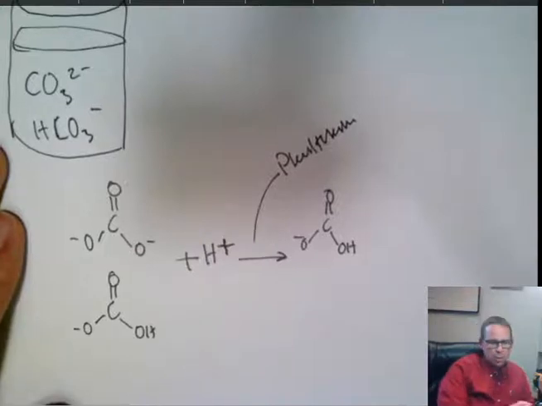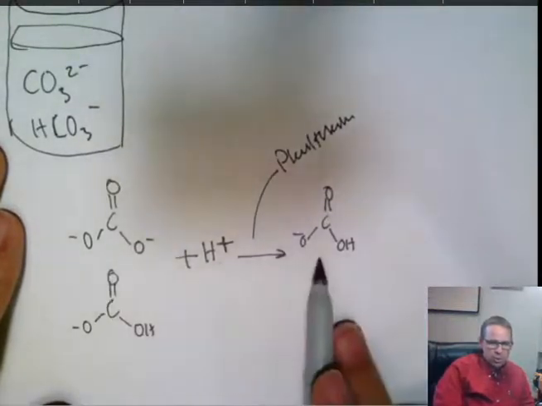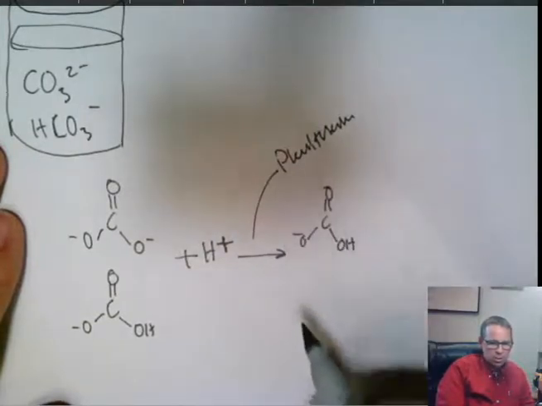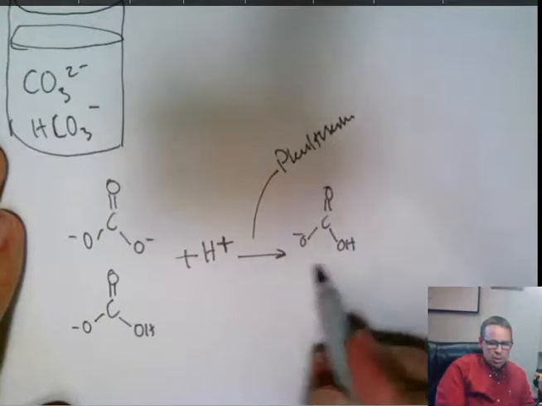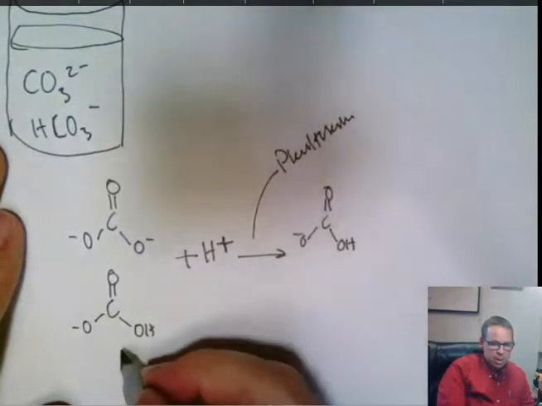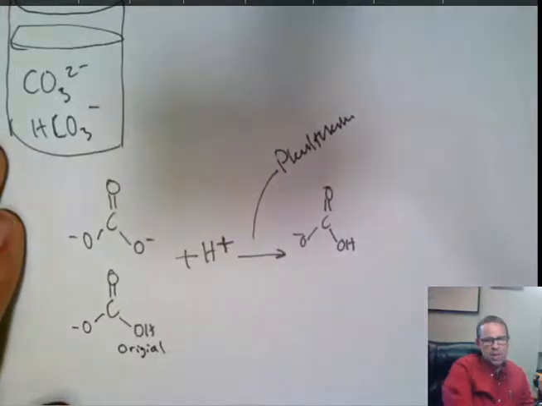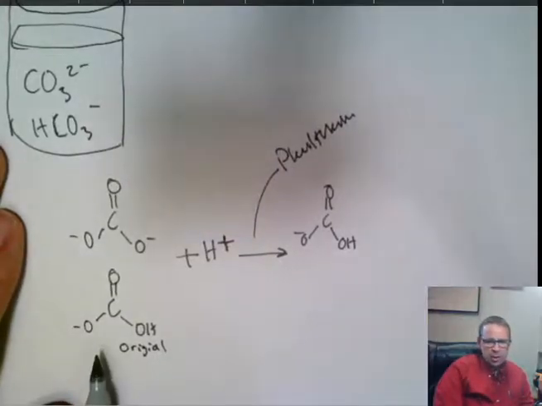All right. Now, once all of the carbonate is converted to bicarbonate, we have bicarbonate in solution. This is the bicarbonate that we created. I'm going to call the other bicarbonate bicarbonate original. And that's what we want to know: how much original bicarbonate was there in solution to start off with.